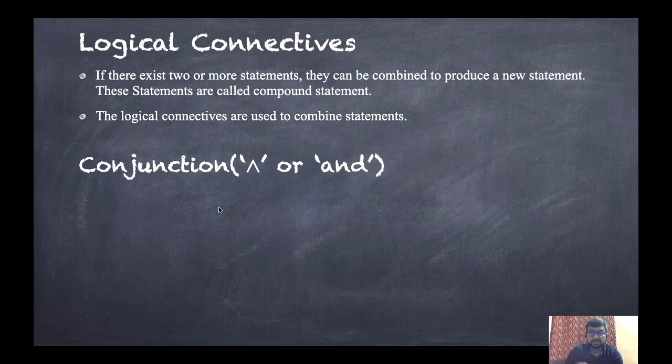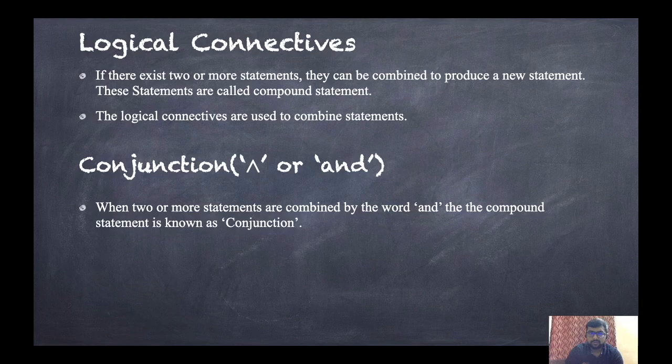The first logical connective is conjunction, and it is denoted like this, cap, or also "and". Conjunction or and. When two or more statements are combined by the word and, then the compound statement is known as conjunction.